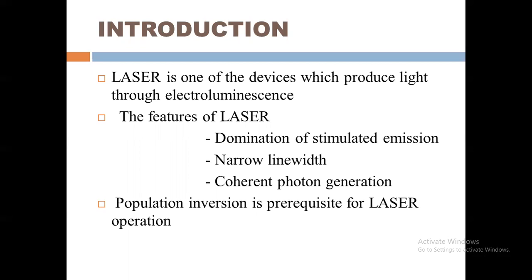In LED, the line width is wider. And laser can generate coherent photons, and coherent photons are those photons whose frequency, wavelength, and phase are almost the same. So laser can be defined as a coherent light source.